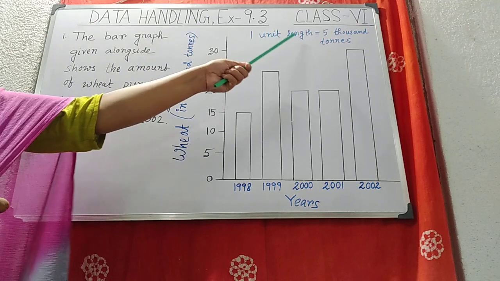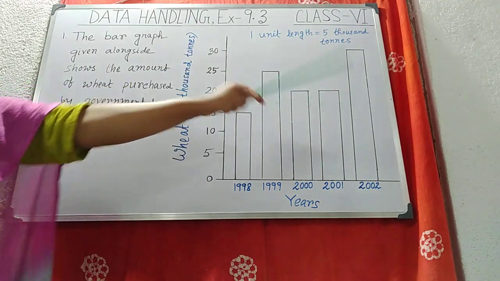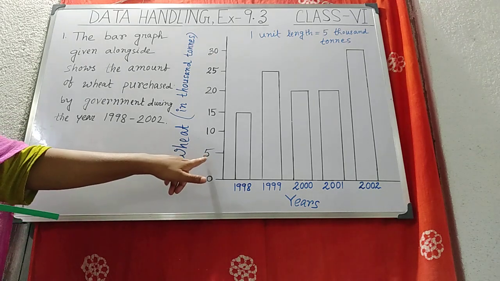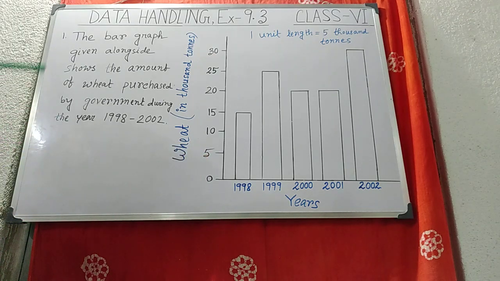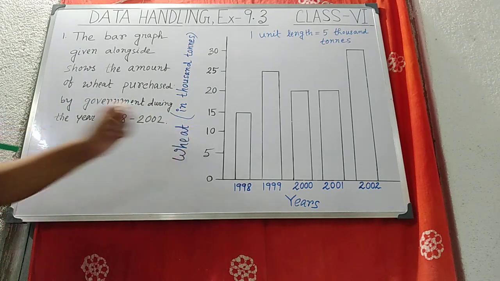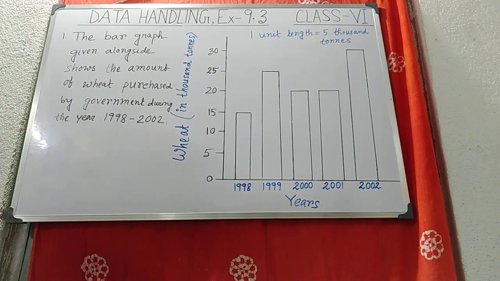Each unit length equals 5000 tons. 1 unit equals 5000 tons. 2 units equal 2 into 5000 tons, meaning 10,000 tons. Similarly 3 units equal 3 into 5000 tons. In this way 5 units equal 5 into 5000 tons, and 10 units equal 10 into 5000 tons.